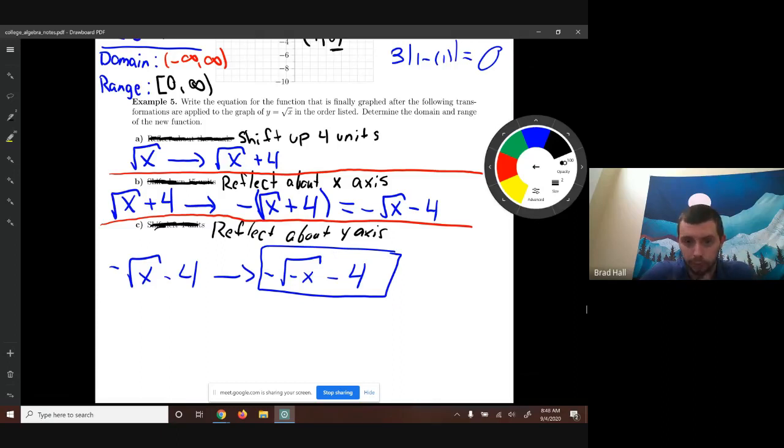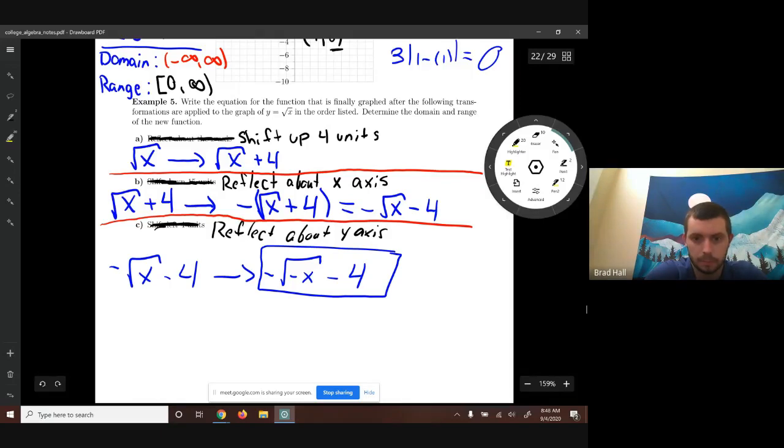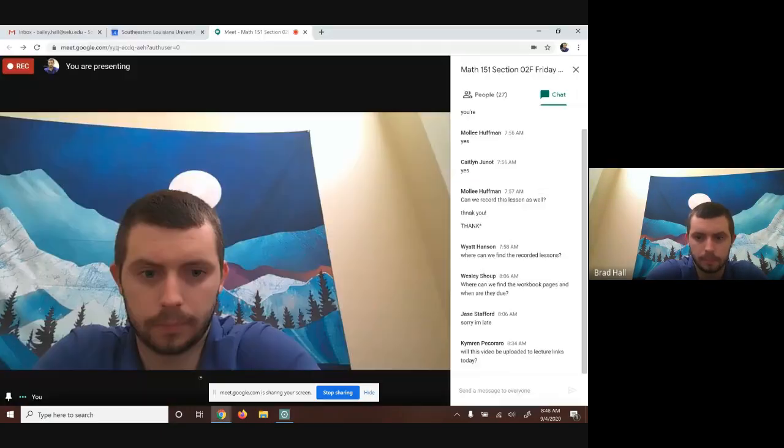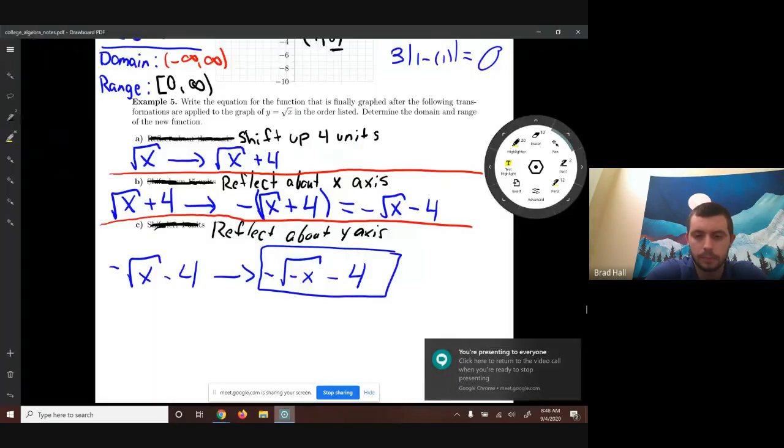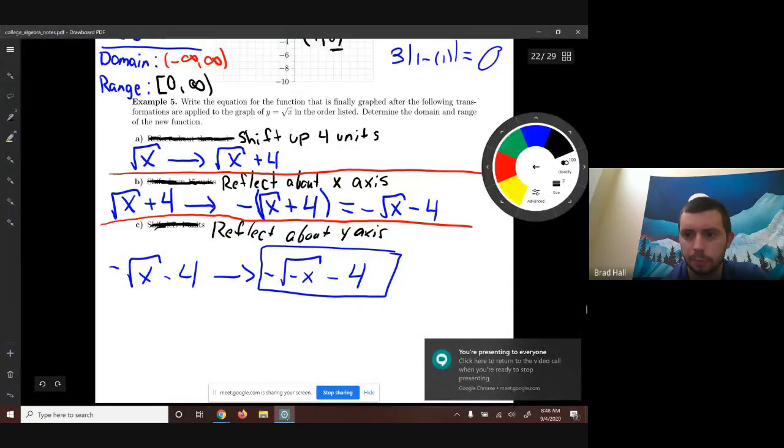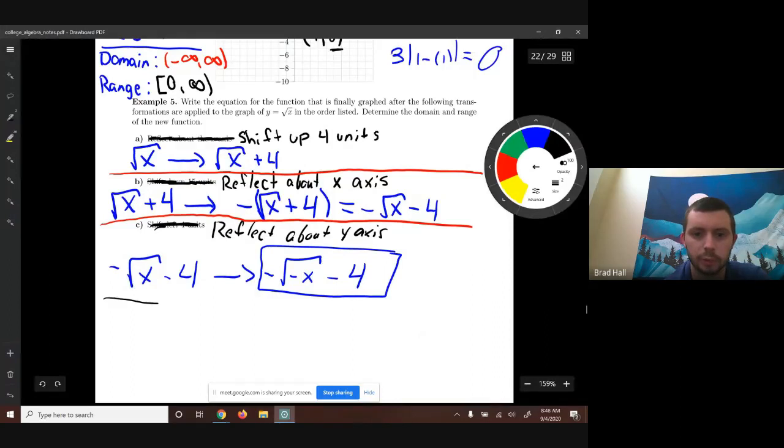Finally, to conclude, before I finish this problem, does anyone have any questions up to this point? If not, let's go ahead and conclude this problem with finding the domain and the range.